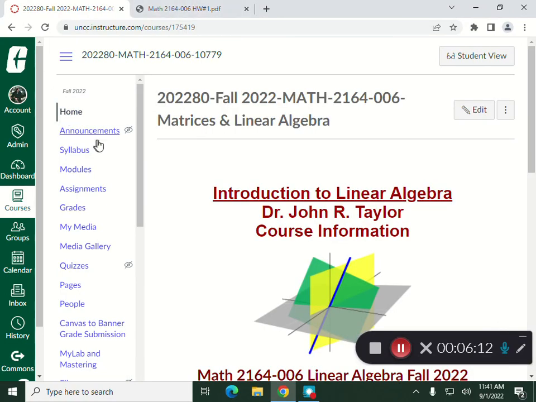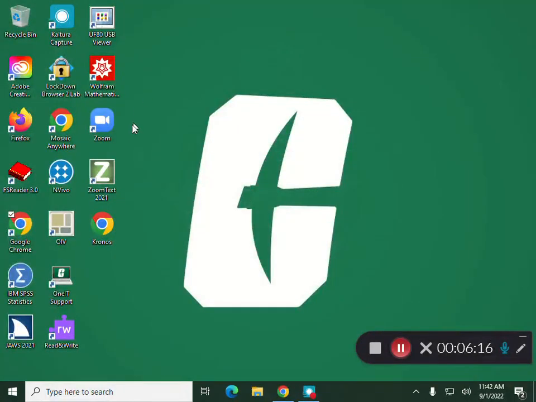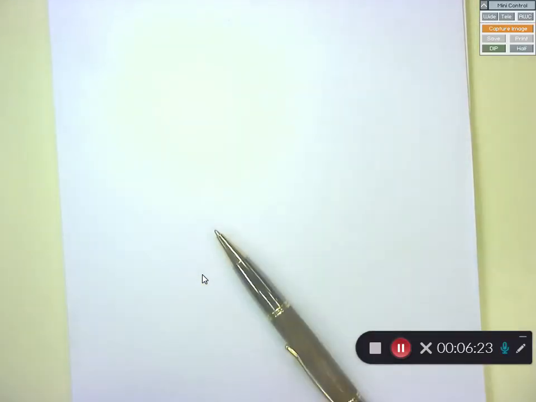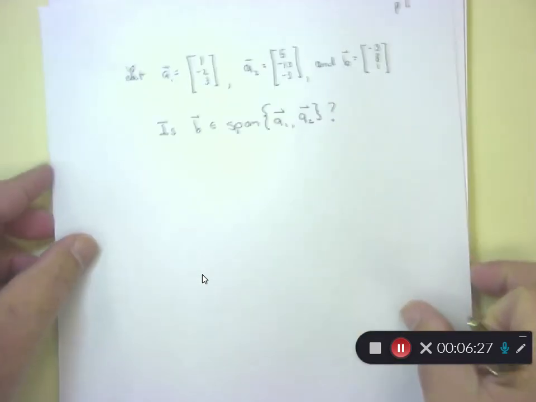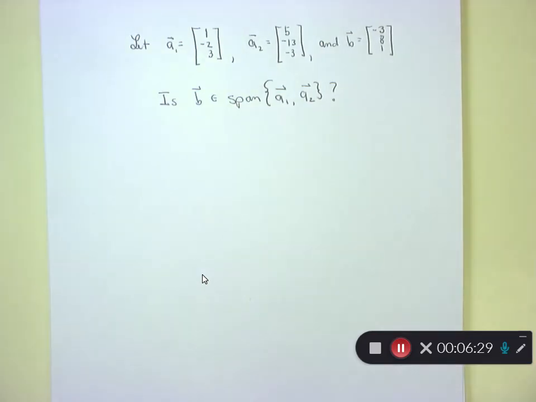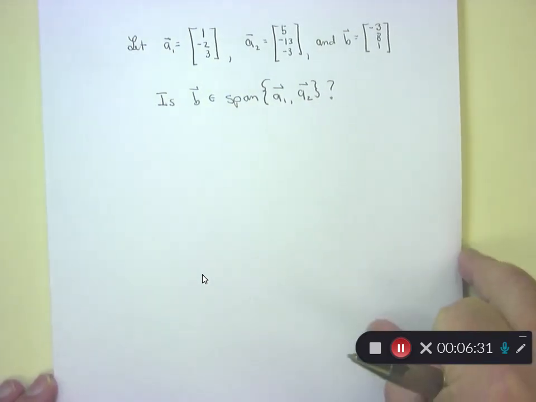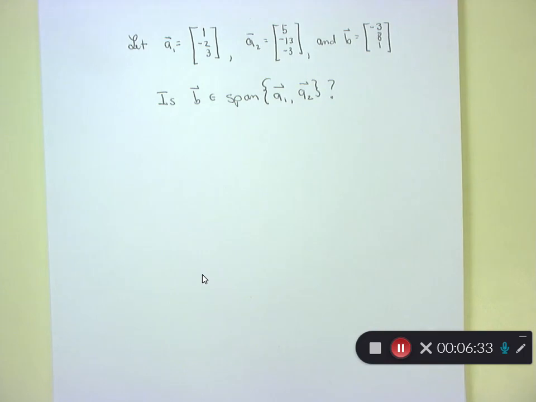All right, so let's come back over here now, and let me get my screen up. So here it is. Let's pick up where we left off last time, which is kind of like a homework problem. Here's one right here. Let vector A1 be the 1, -2, 3 vector.